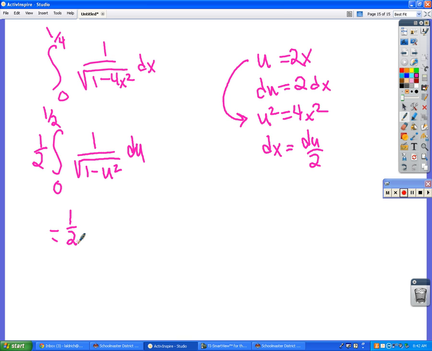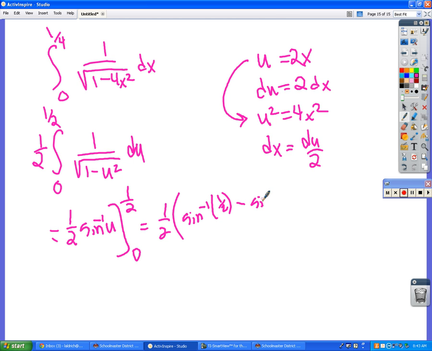So this is going to be 1/2 times the inverse sine of u, going from 0 to 1/2. How do we put an inverse sine back up there? Well, that's why we just did that whole thing. So this is going to be 1/2 of the inverse sine of 1/2 minus the inverse sine of 0.